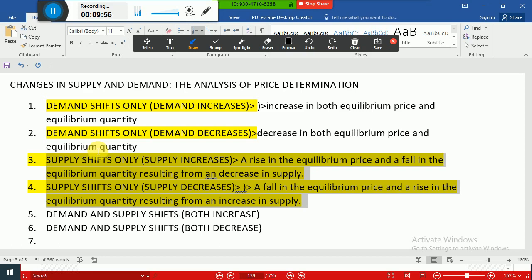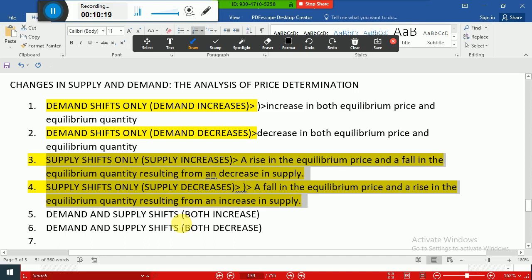What happens in the market? Demand and supply increase simultaneously. Due to some factor, demand has increased, and due to some factor responsible for a shift in the supply curve, supply has also increased. What will happen?